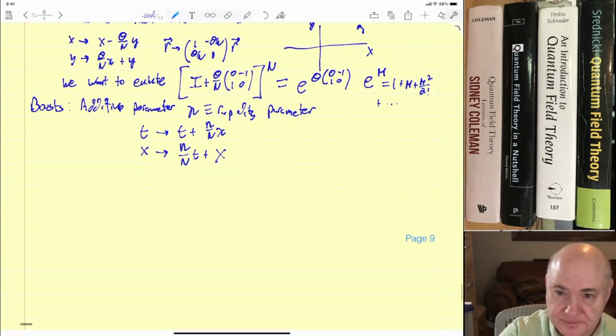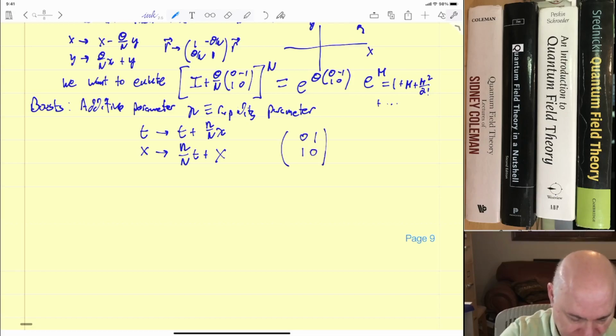So this is our infinitesimal transformation, and this basically means that our matrix this time is just 0, 1, 1, 0. And instead of using theta, we're using this eta as the rapidity parameter.